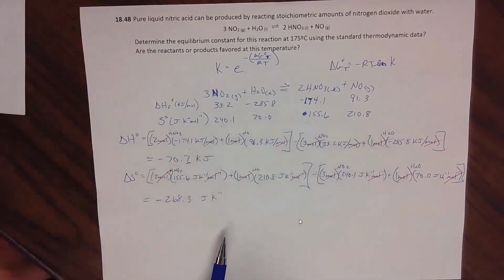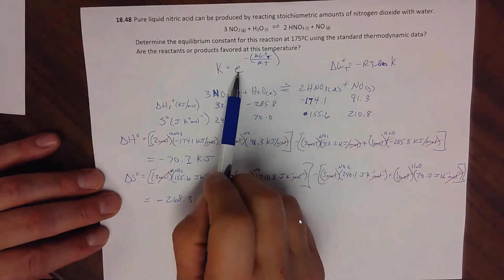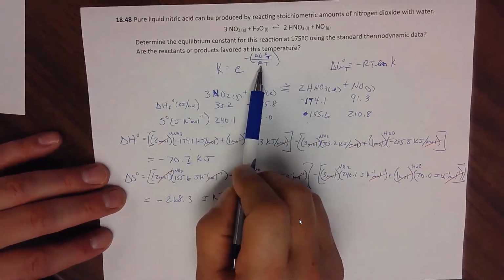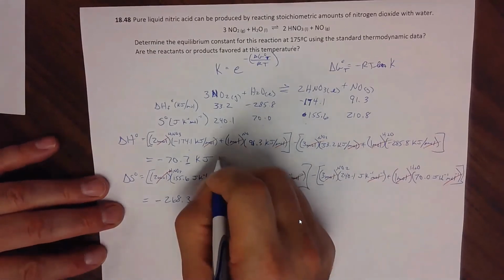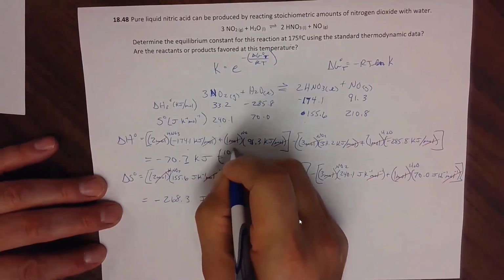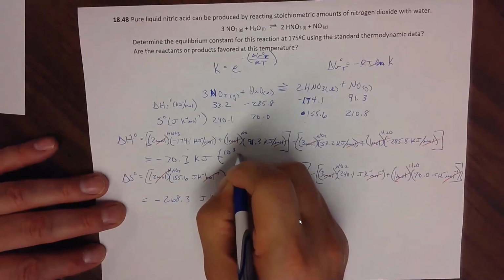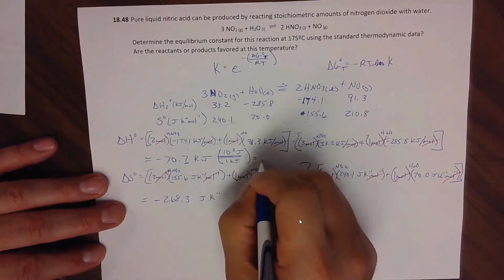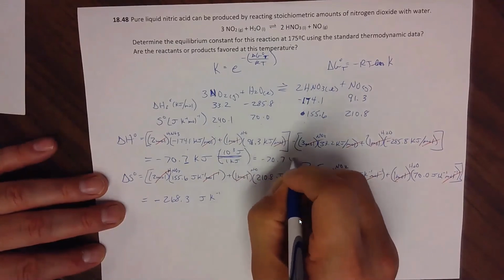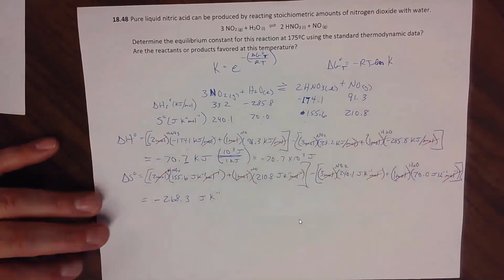Now, in this case, we know that we're going to end up having to use R, which is in joules per Kelvin per mole. So I'm going to convert this to joules as well. So this will be negative 70.7 times 10 to the 3rd joules.